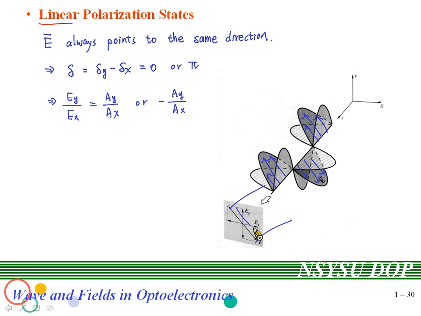So the linear polarization state is also called plane polarized wave, due to this direction forming a plane, always in the same plane of the space.